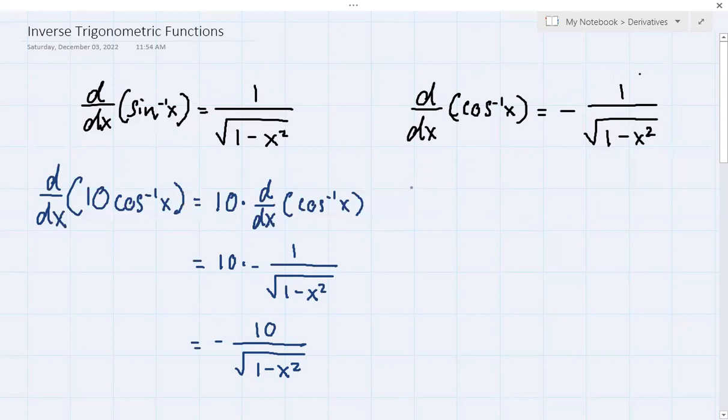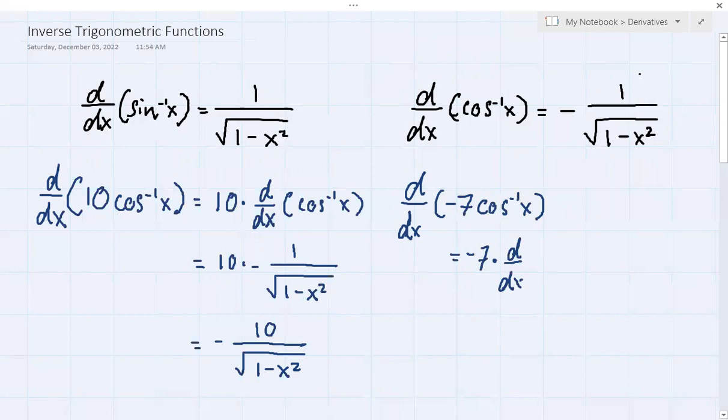Okay? So one more example. Let's get the derivative of negative 7 times arc cosine. So in here, we will have negative 7 times the derivative of arc cosine, which is negative 1 all over the square root of 1 minus x squared.